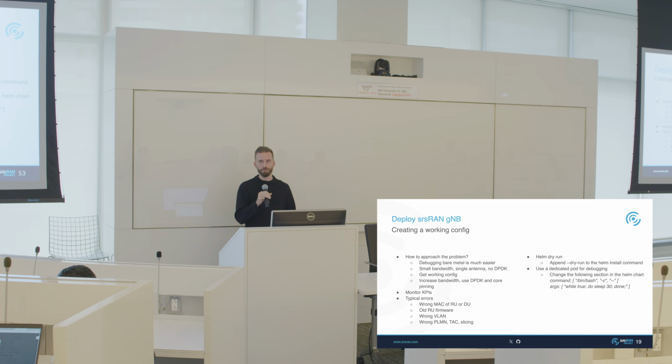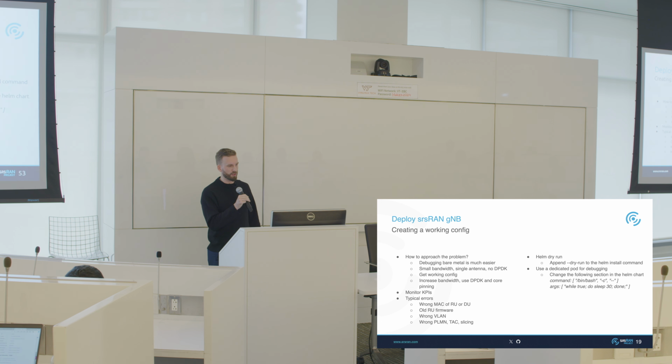Once you have a working config and you've attached the gNB to the RU, you can increase bandwidth, you can start using DPDK, and you can also use core pinning in case you want to really max out the system. It's always important to monitor the KPIs, because again, if you see lates and earlies, the connection is not stable, and this will at some point be a big problem.